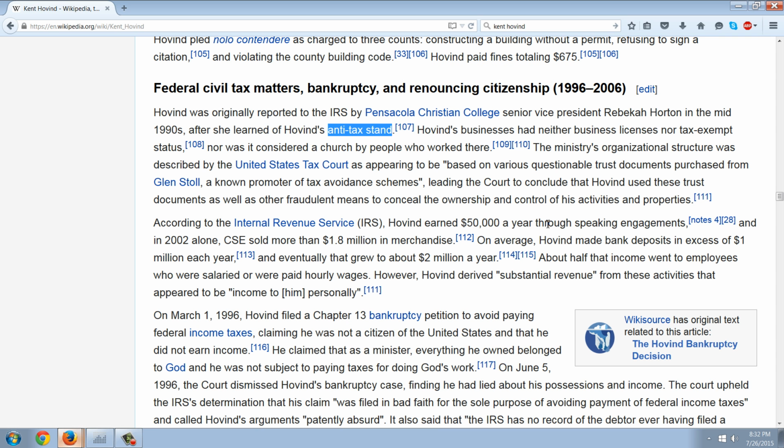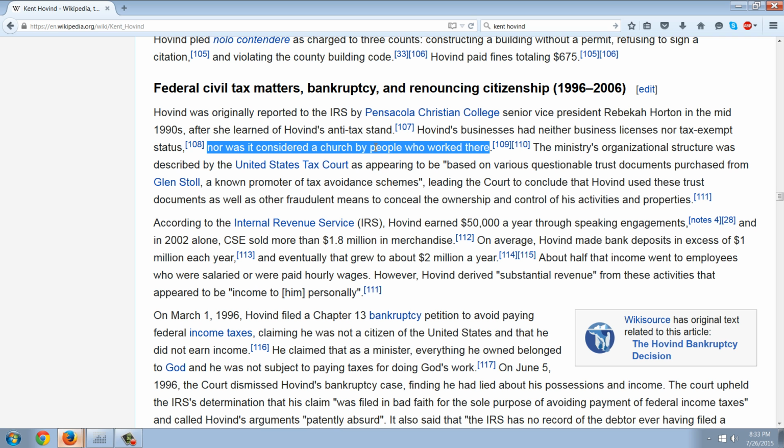He was anti-tax. Hovind's businesses had neither business licenses nor tax-exempt status, nor was it considered a church by people who worked there. So in other words, he didn't register with the government as a church. He probably didn't believe in 501c3. And by the way, with the latest gay ruling that we have, and we're going to have more rulings like that, people are expecting very, very soon for churches to be forced to go against their belief system and marry homosexuals.